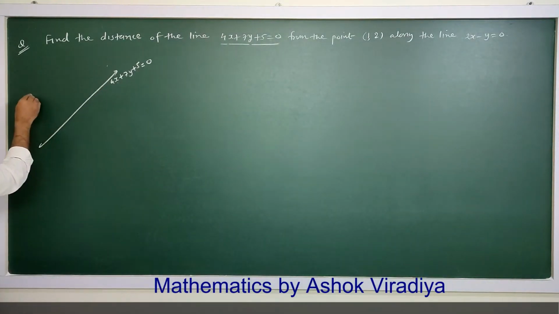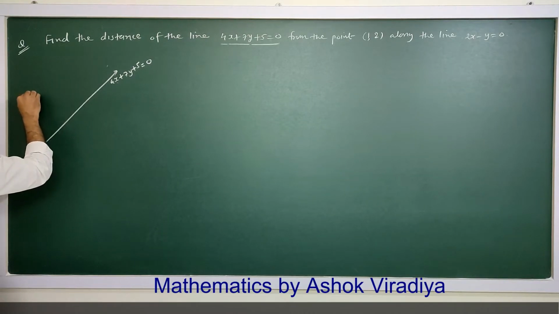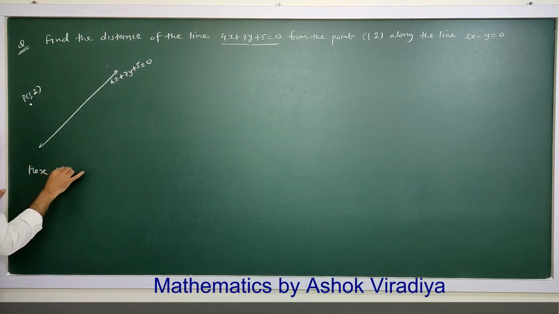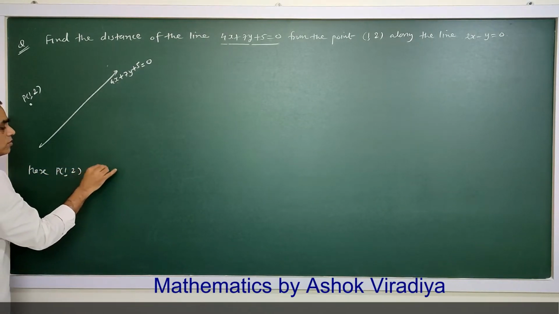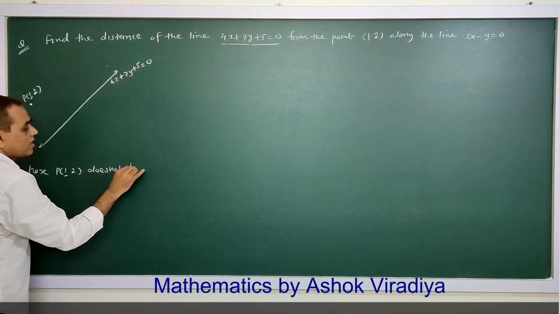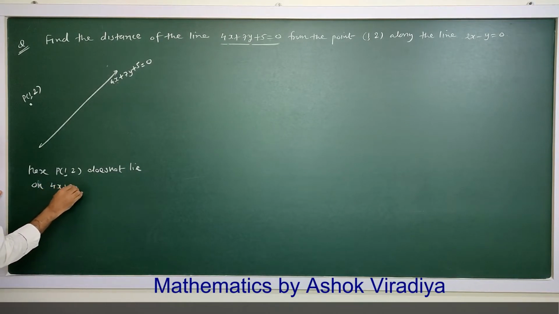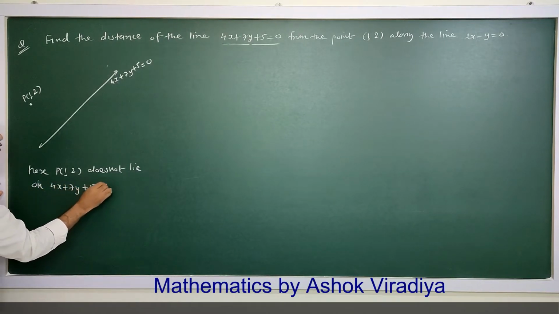It is an exterior point, maybe somewhere here. So here point P(1, 2) does not lie on 4x plus 7y plus 5 equal to 0.